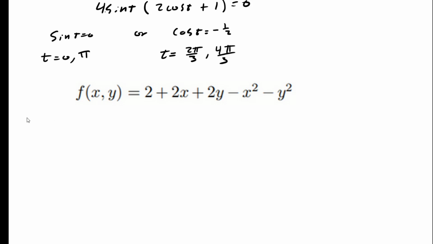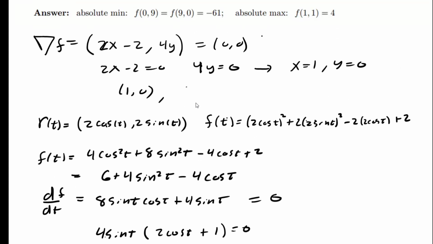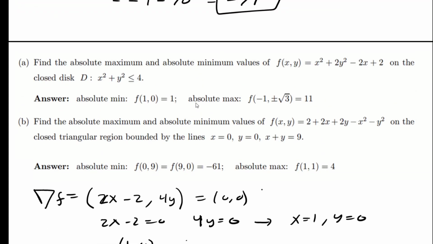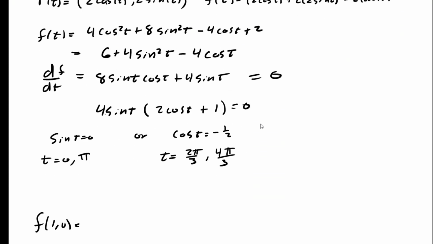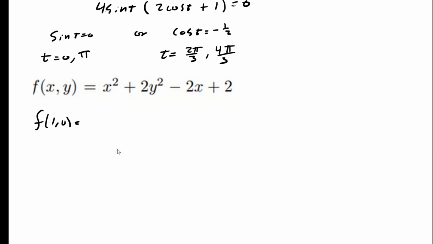Okay, so our local max or min, we don't know what it was, but it was (1, 0). So f of (1, 0). That's not the right function. I just copied the wrong one there. Okay, f of (1, 0).